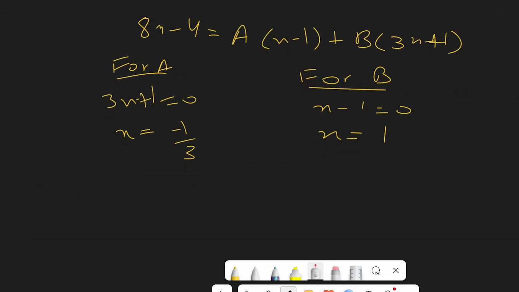I'll use the result. 8 into minus 1 over 3, minus 4. I am putting it on my calculator, by the way. That is equal to minus 20 over 3.